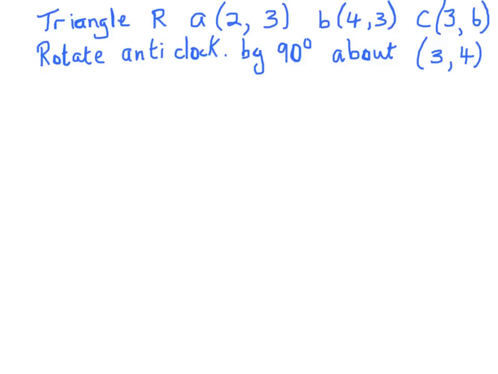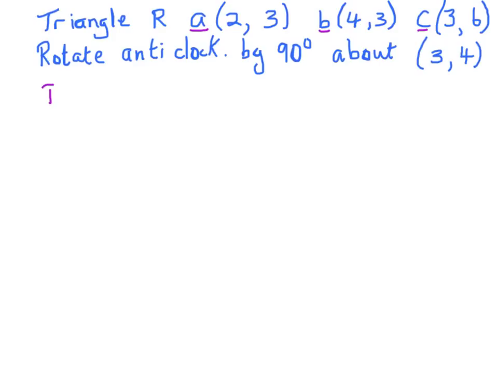So let's recap. You've got a triangle R defined by the points A, B, and C, and they're just two-dimensional points. You're asked to rotate the triangle R anti-clockwise by 90 degrees about 3, 4. So let's recap on what we do.